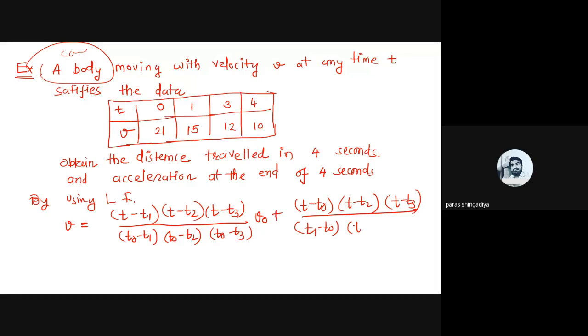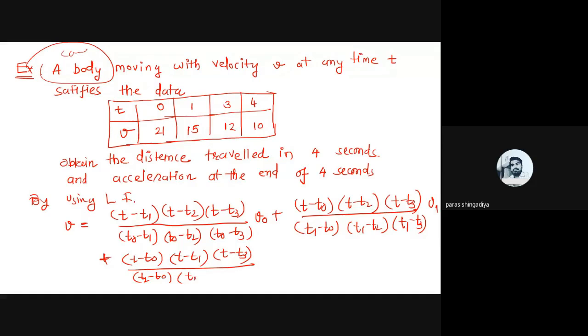Clear? And then the third term: t minus t0, t minus t1, and t minus t3, where we ignore t2 in the numerator and use t2 in place of t in the denominator. That is the third term, and it is multiplied by v2.